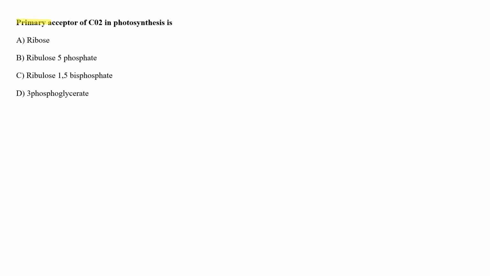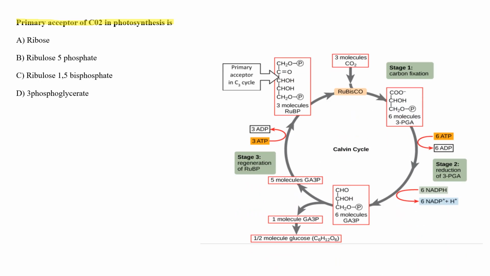Now, primary acceptor of CO2 in photosynthesis is A ribose, B ribulose 5-phosphate, C ribulose 1,5-bisphosphate, and D 3-phosphoglycerate. So C. This is the C3 cycle, which we can also say Calvin cycle, dark reaction. In this, what happens is the CO2 comes and is taken up by the RuBP.